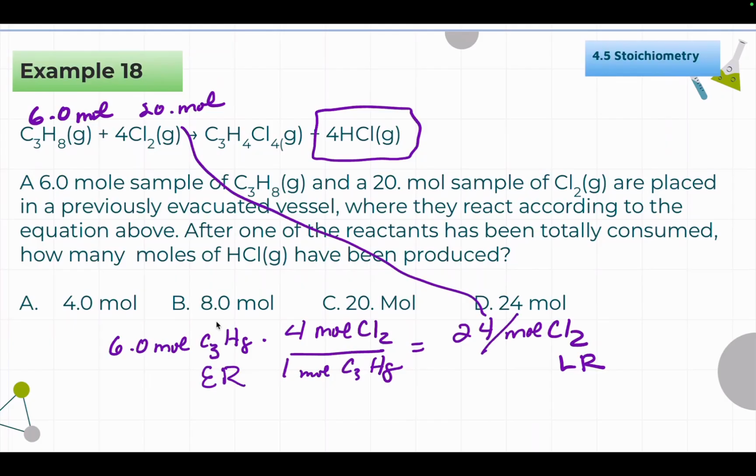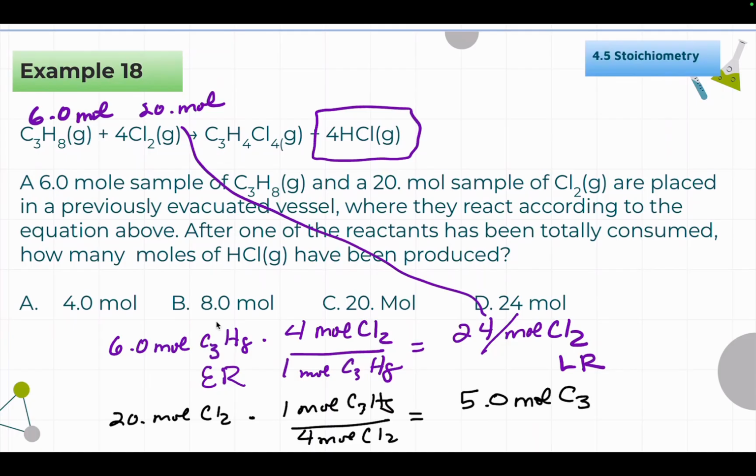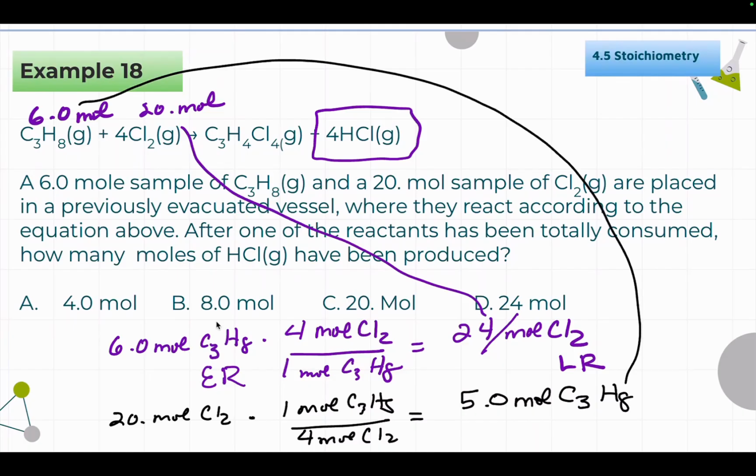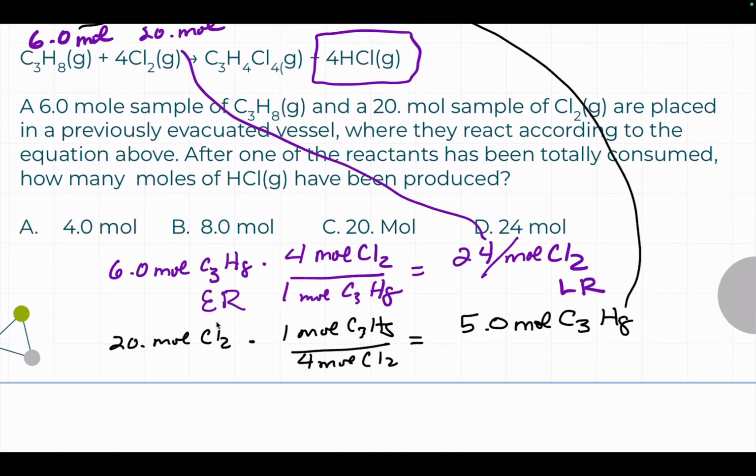that number. If you want to confirm this, or if you'd chosen the other way, we would have taken 20 moles of chlorine and then multiplied it by 1 mole of C3H8 over 4 moles of chlorine, and then we would get 5 moles of C3H8, and we can see in the question we have 6, so that means we have plenty, so excess reactant.